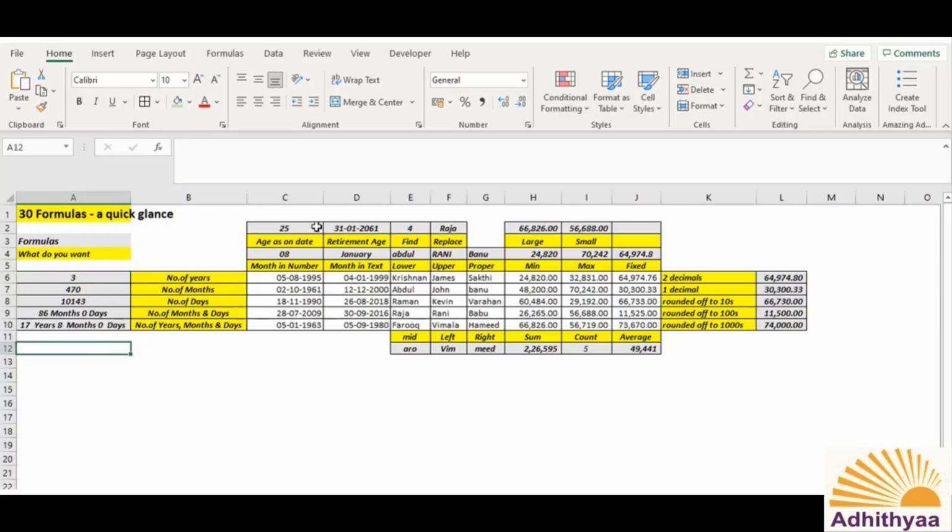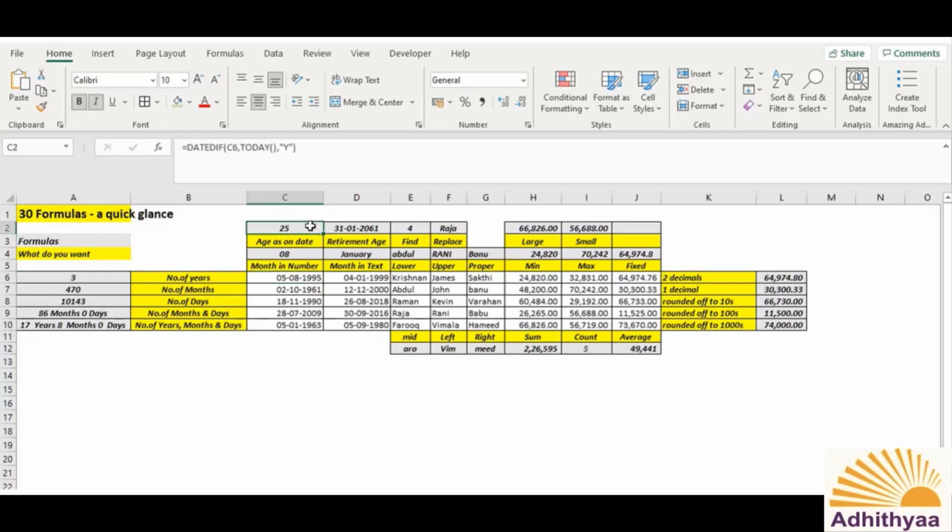And then if I go to the top, I'm able to see age as on date. In this, if someone is born on 5th August 1995, what would be his or her age as on date?